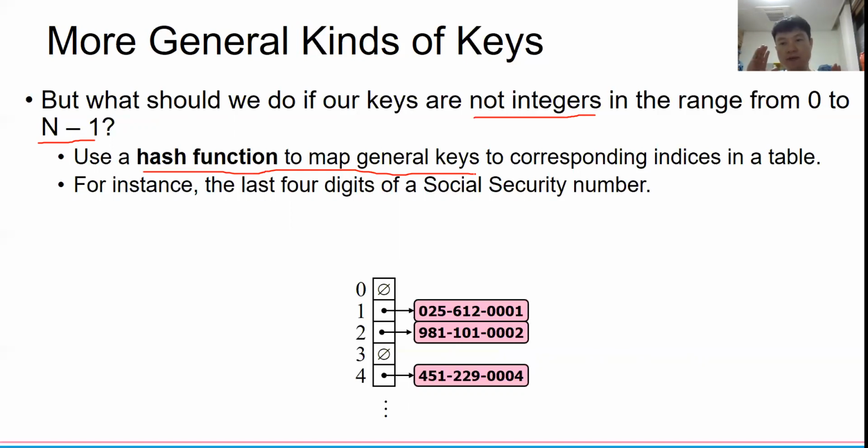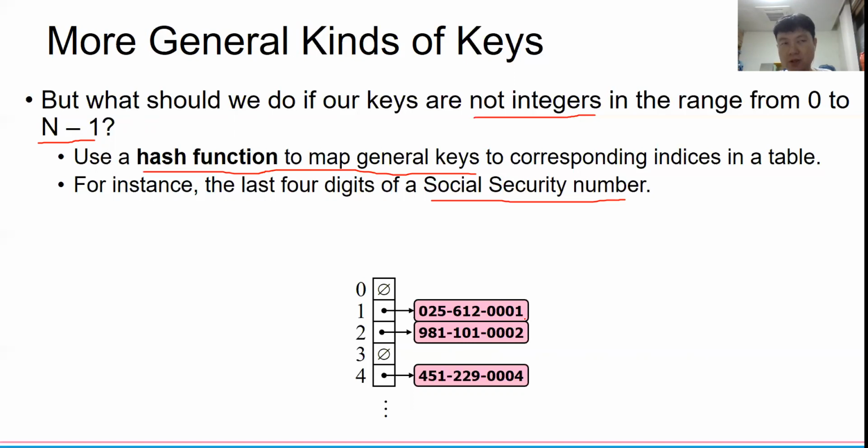So you have the key, which is representing something, for example the social security number, or maybe in Korea you have the registration number. That kind of number will be the key. But if you have those keys, how can you put them into the map?